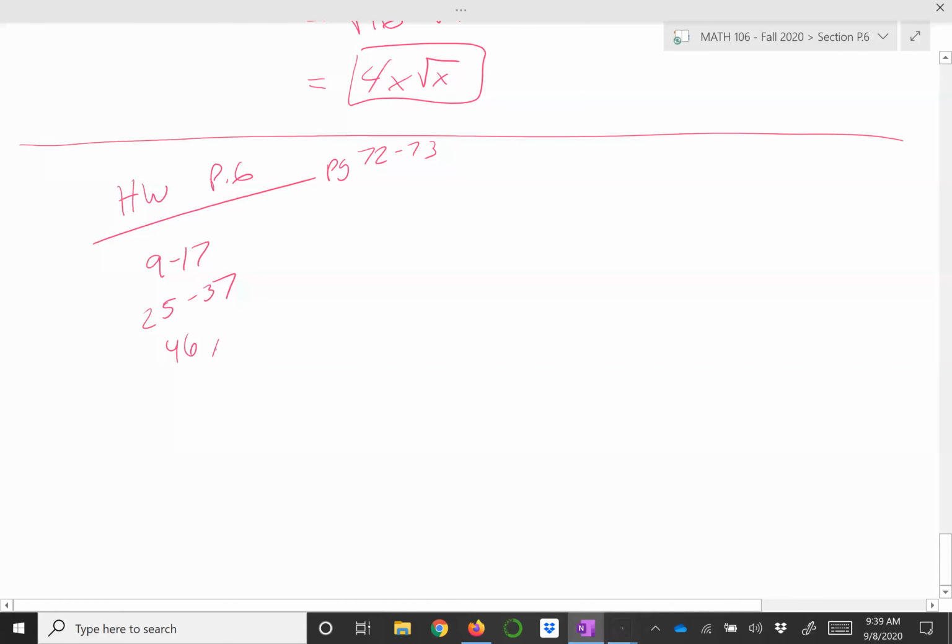I know it's an even, but it's a good problem. We can go over it to make sure you know the answer. 46, 47. 51 and 53. 63 to 69. 77 and 79. Yeah, and we'll do 85 to 91.